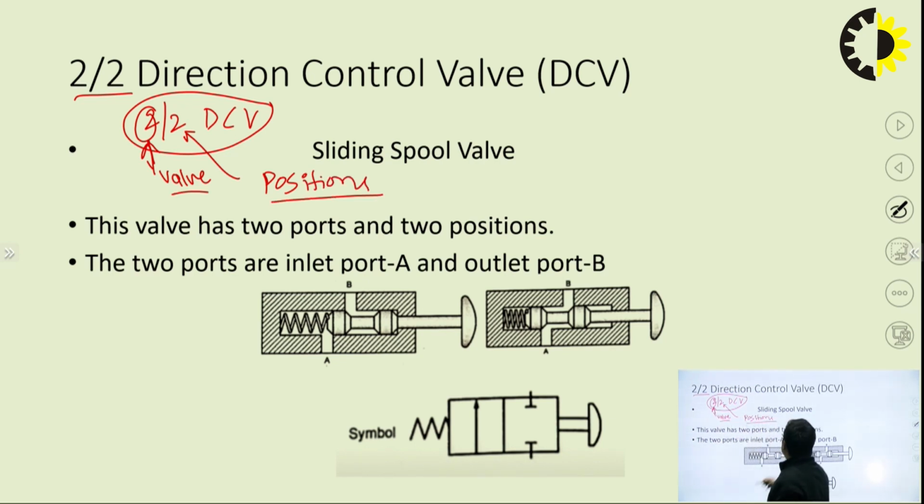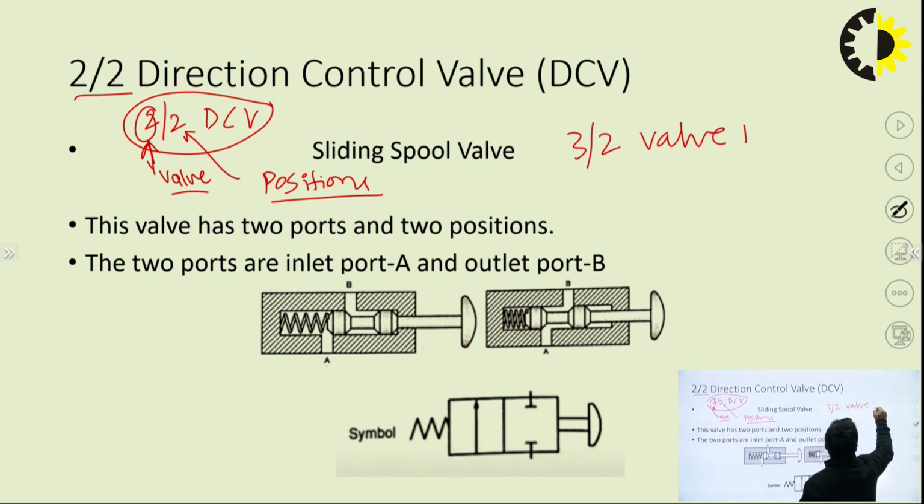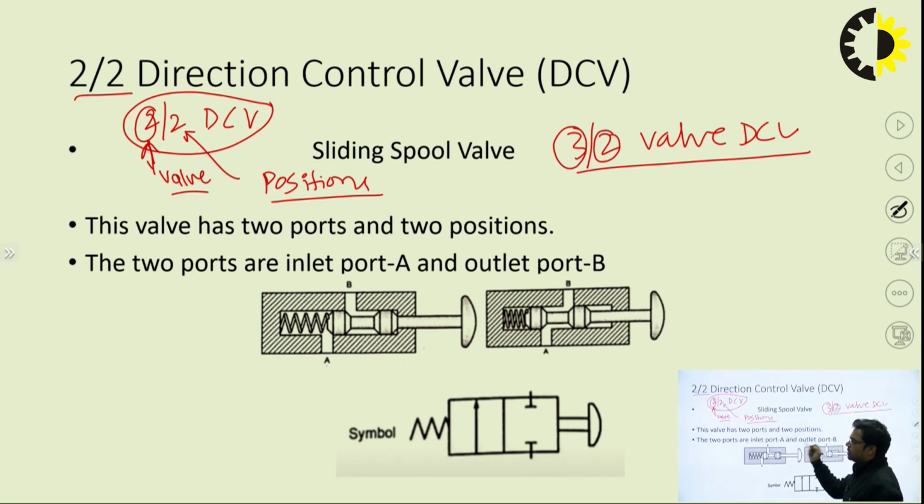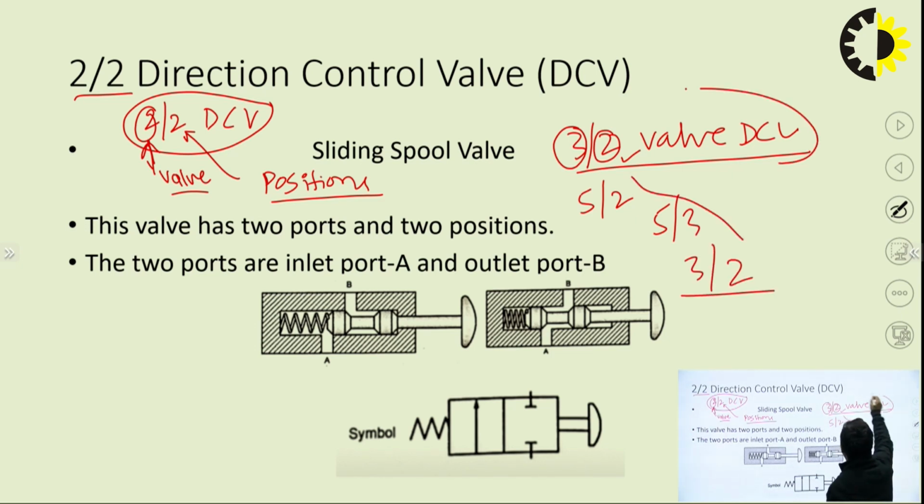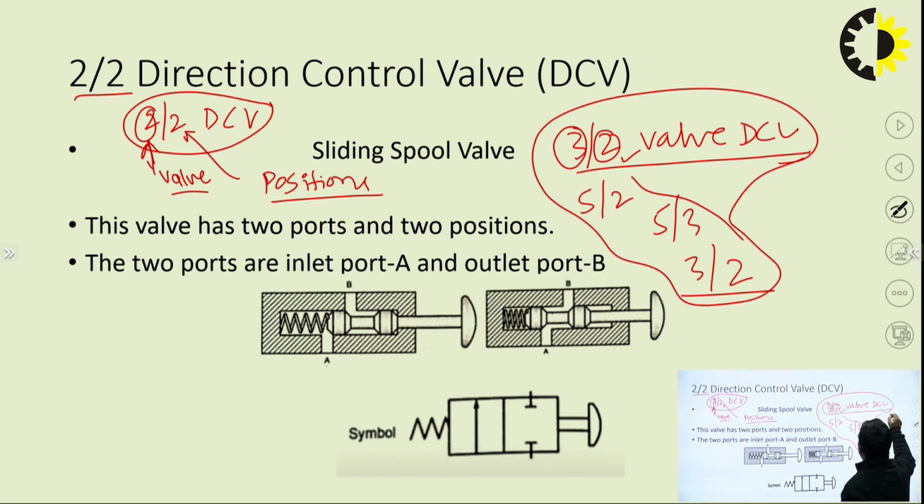So if it is a 3x2 valve DCV, it means there are 3 ports and 2 stands for the positions, there will be 2. There can be 5x2, 5x3, 3x2. So these are the different configurations of DCV arrangement that are possible.